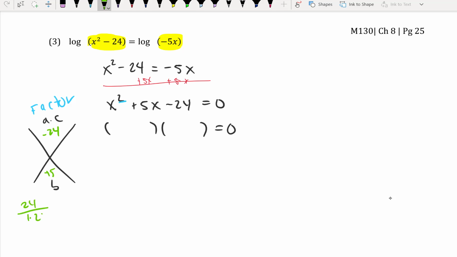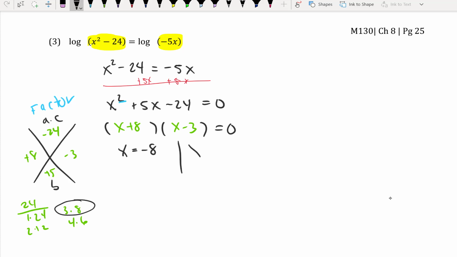So 24 is 1 times 24, 2 times 12, 3 times 8, and 4 times 6. The only combination that's going to add up to a positive 5 is 3 and 8, and that is only if I do a positive 8 and a negative 3. So I have x plus 8 and x minus 3. That tells me that x is equal to a negative 8 and x is equal to a positive 3.